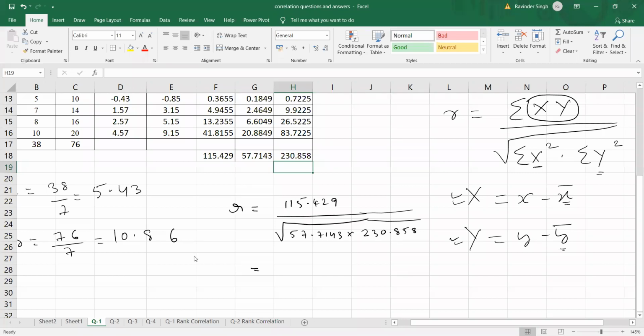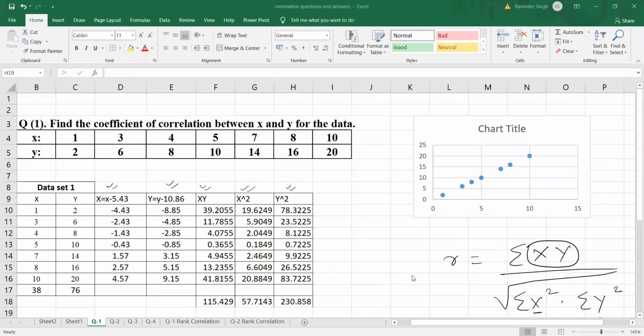So I'm getting the value 115.429 divided by, if you solve the denominator part, I'm getting 115.4288. So when we divide this, 115.429 divided by answer, I'm getting approximately 1. Yes, I'm getting approximately 1.